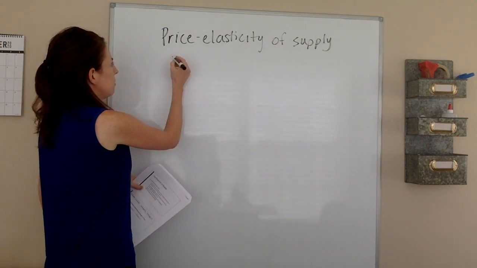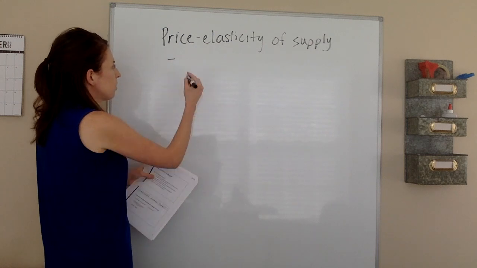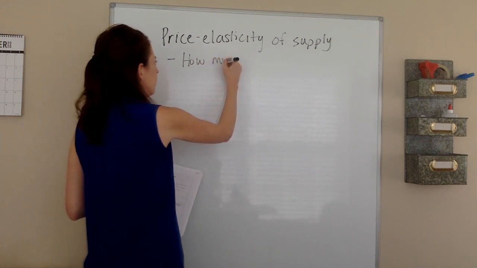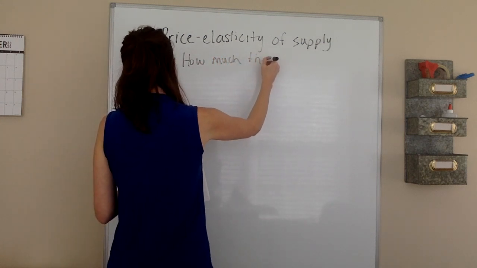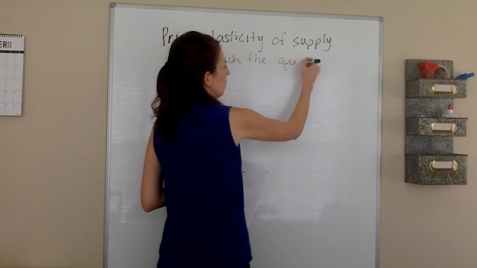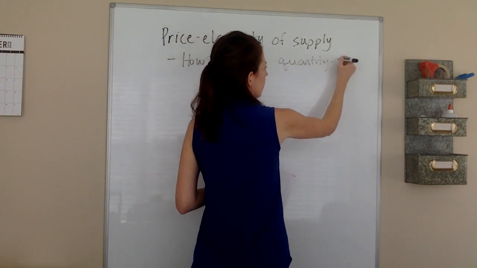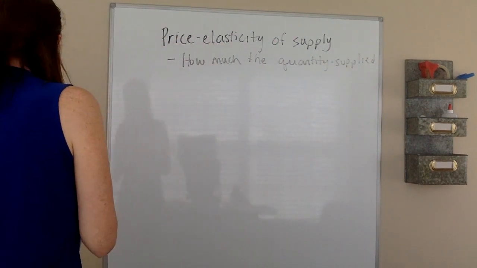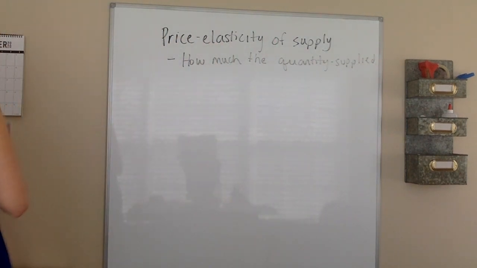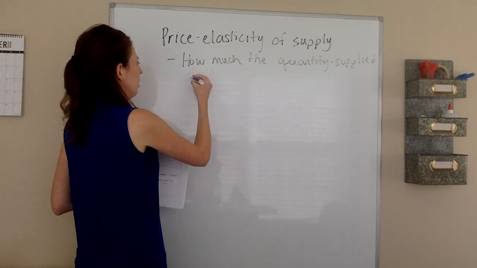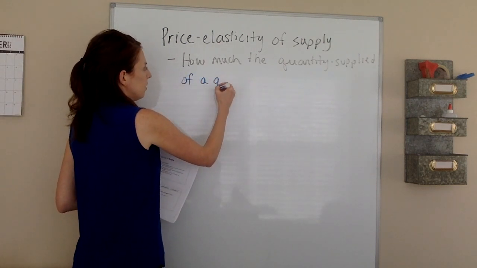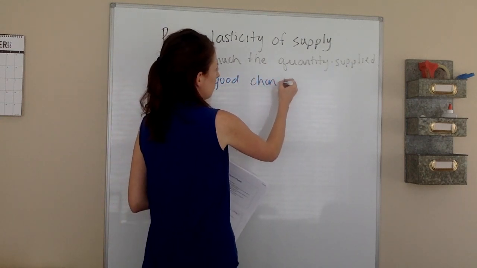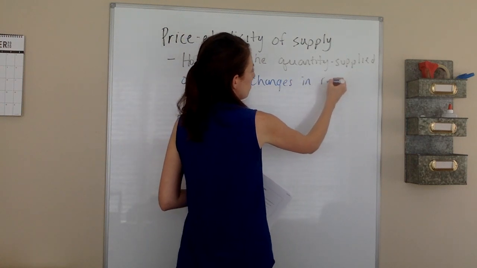Okay, so I'm going to write this out so you have the official definition in your notes. So the definition of price elasticity of supply is how much the quantity supplied of a good changes in response to a price change.